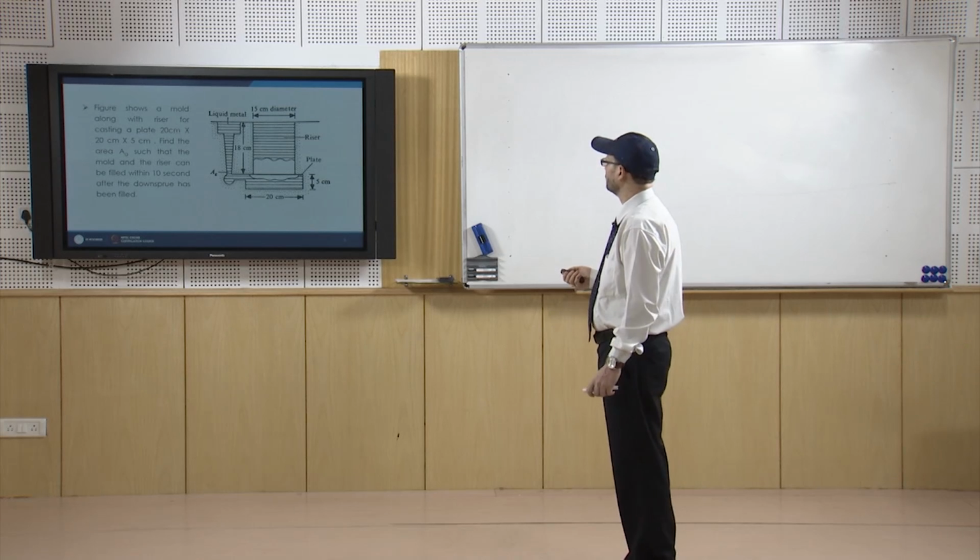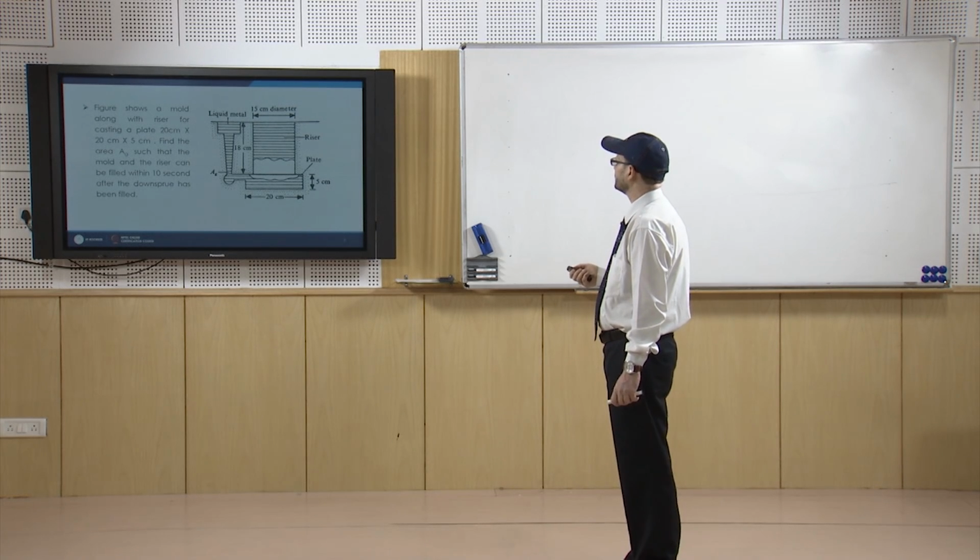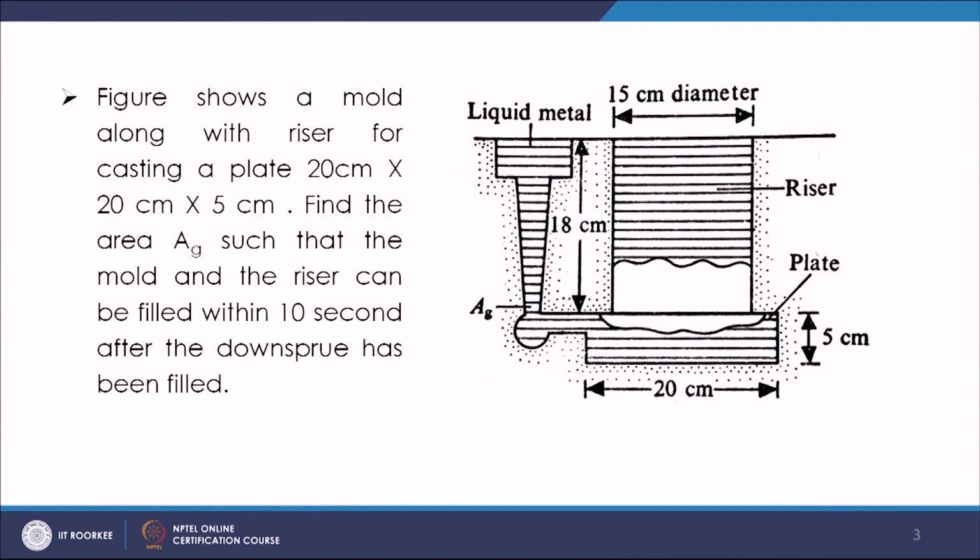The figure shows a mold along with riser for casting a plate 20 centimeter by 20 centimeter by 5 centimeter. So, there is a plate of dimension 20 centimeter by 20 centimeter by 5 centimeter, 5 centimeter is the height. So, this is a rectangular type of cross section plate with 5 centimeter of height. Find the area AG such that the mold and the riser can be filled within 10 seconds after the down sprue has been filled.